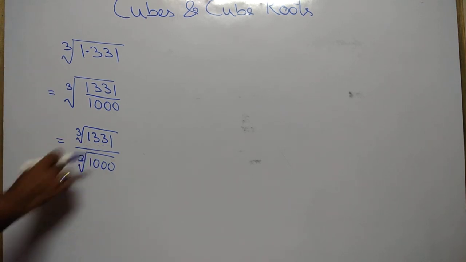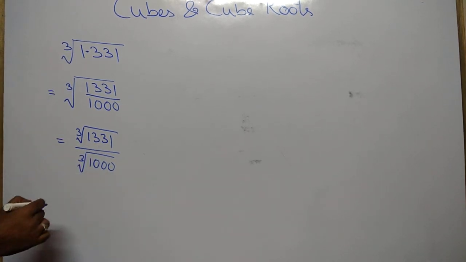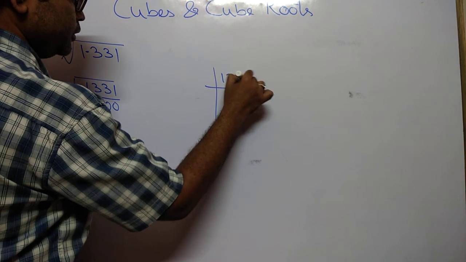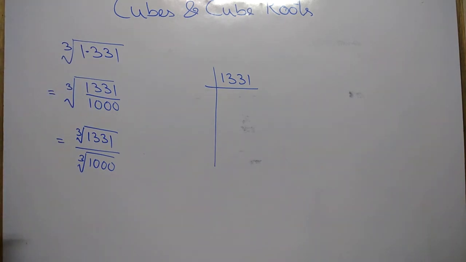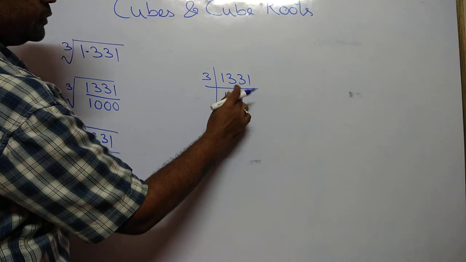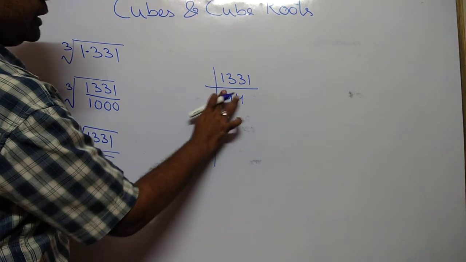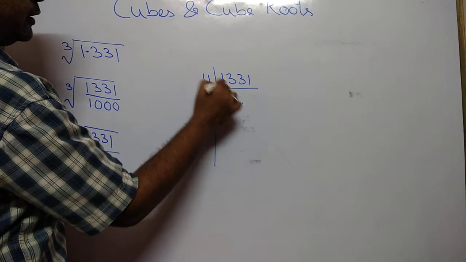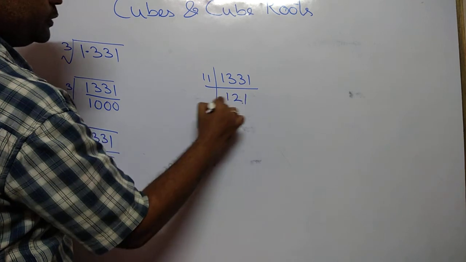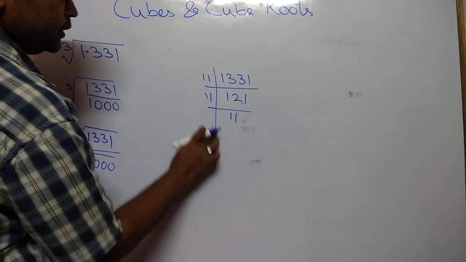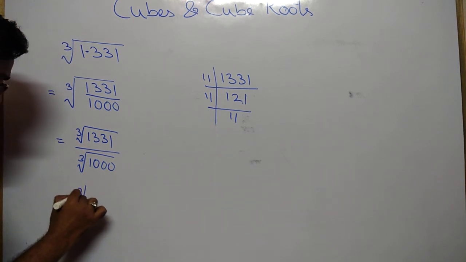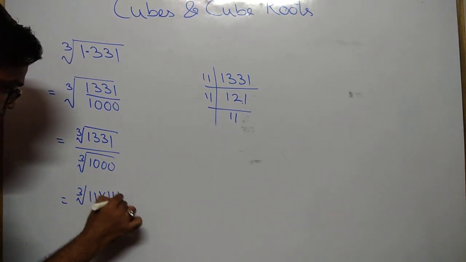But what about 1331? By using prime factorization, we try to find out the factors. It's not divisible by 3. Let's check by 11. 11 ones are 11, 11 twos are 22, 11 elevens are 121. So here we can write down the cube root of 11 into 11 into 11.